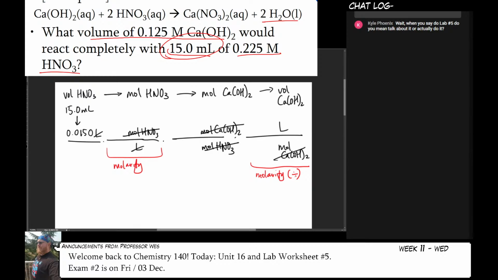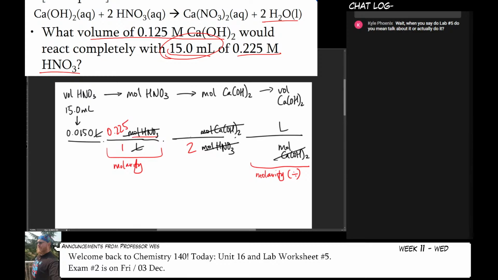All right, let's go fill in all the numbers. I'll just fill them in red. So this is nitric acid's molarity. It's 0.225 moles per liter. You don't need to put the 1 there, but you can if you want. Then in the middle, we have balanced chemical equation coefficients. For nitric acid, there was a 2 in front of it, as you can see at the very top on that equation.